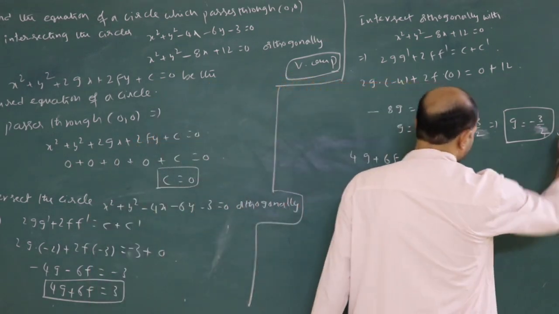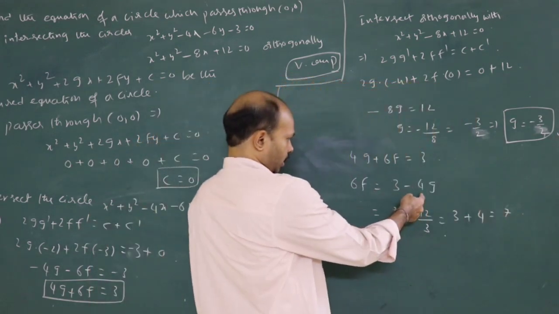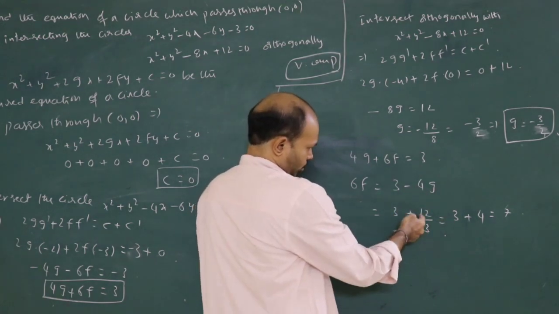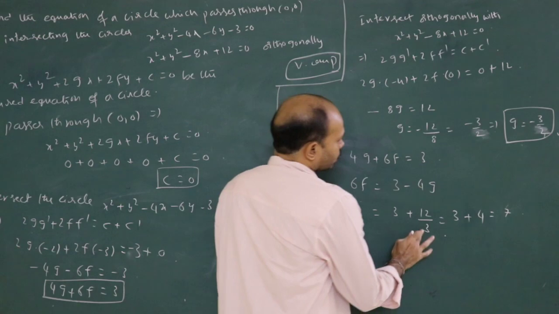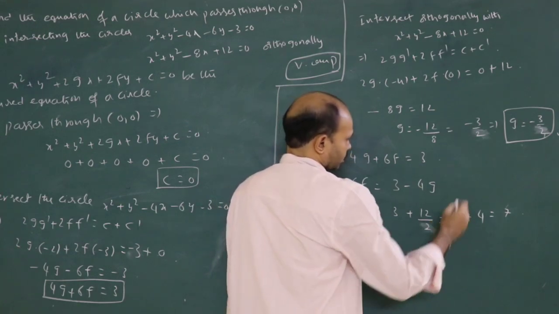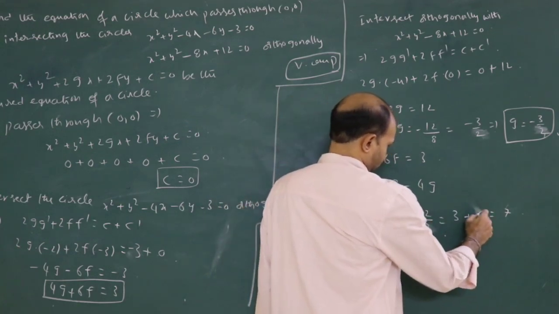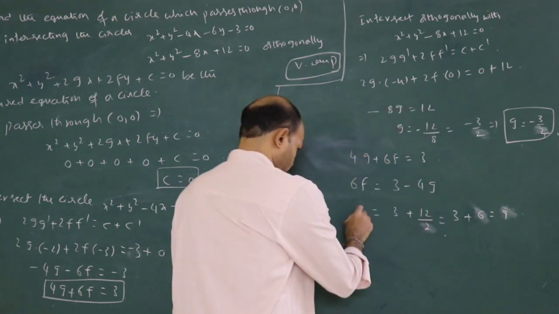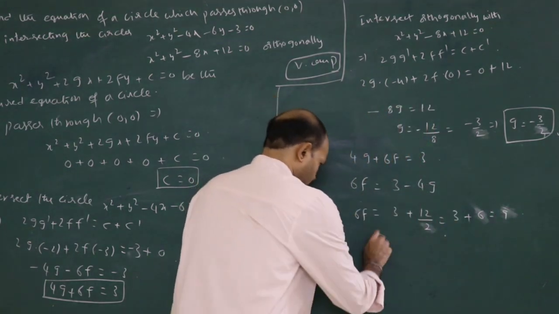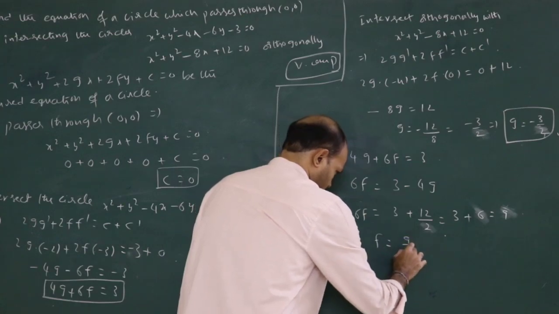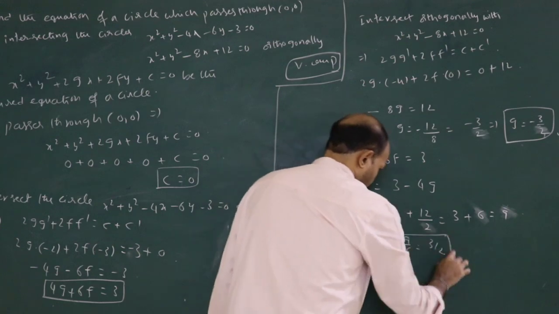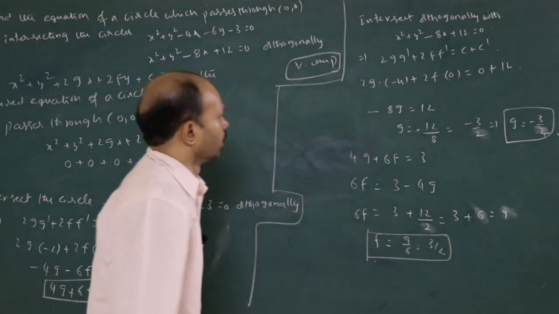Apply minus 3 by 2 here. 4 times 3 is 12, divided by 2 is 6, and we have 9. Therefore, 6f is equal to 9. It follows f is equal to 9 by 6, which is 3 by 2. The value of f is equal to 3 by 2.